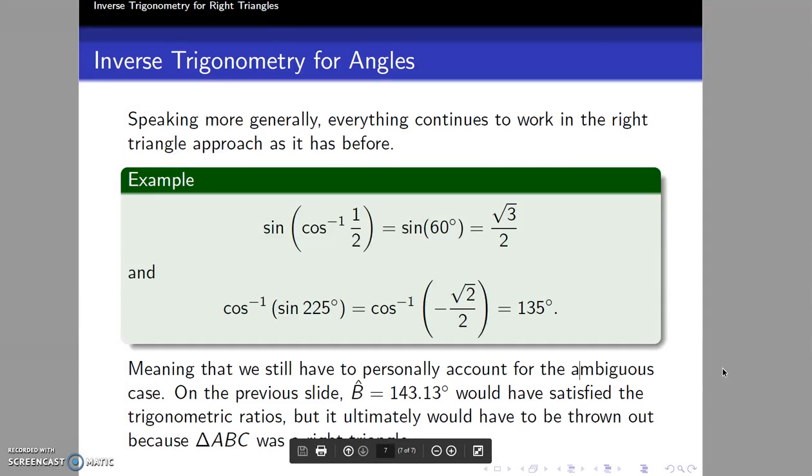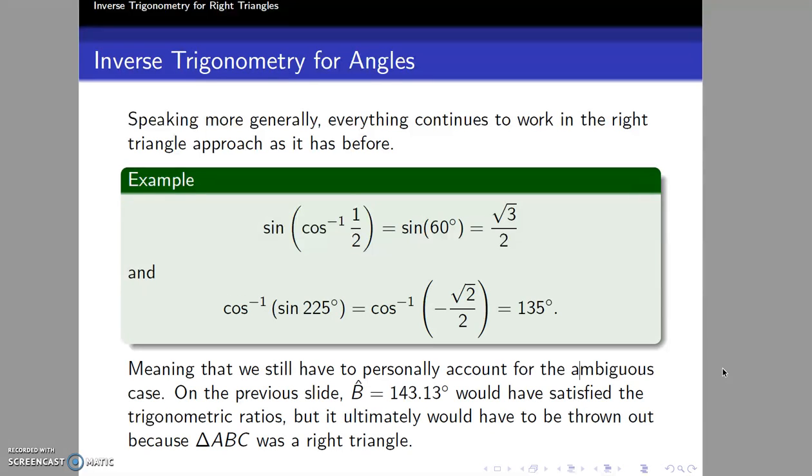The sine of B hat here is 3/5. And yeah, we have to throw out that angle for a right triangle, because a right triangle already has 90 degrees spoken for, and 90 degrees plus 143 is definitely well beyond 180. We've definitely blown past our budget of allowable interior angles of a triangle.